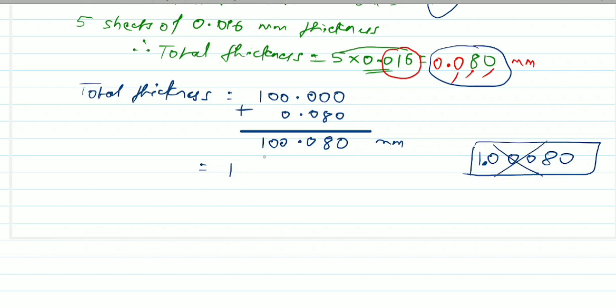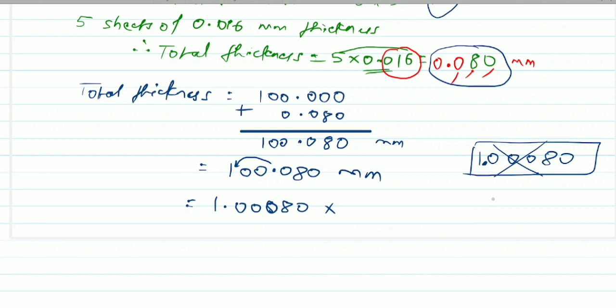So how can I write this 100.080 mm? I have to write this as 1.00080. For that I will have to multiply this number by, I am shifting it two places to left.